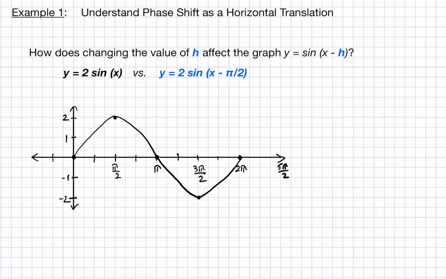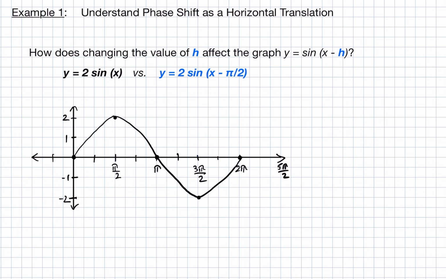Now, the question here is, what happens when we incorporate a negative pi over 2? So when we have a negative pi over 2, what ends up happening is this entire function actually shifts to the right by pi over 2.